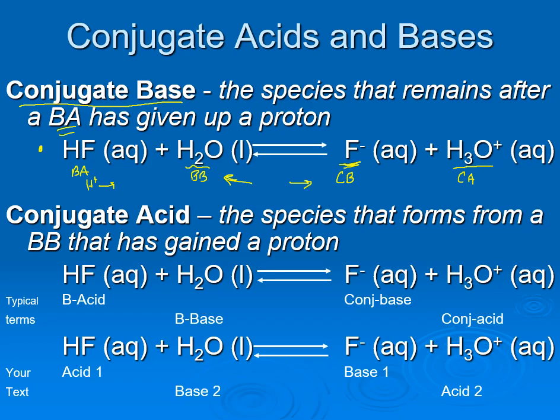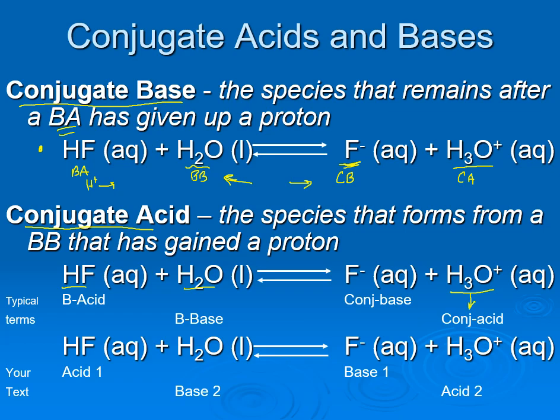Okay, well, we've already mentioned conjugate base, so let's talk about conjugate acid. It's the species that forms from a Bronsted base that's gained a proton. So whatever gained the proton and is now a product, we simply call a conjugate acid. It's the same example down here with the hydrofluoric acid in the water. And so we've already identified the hydronium as the conjugate acid.